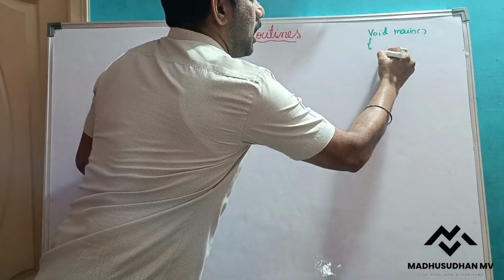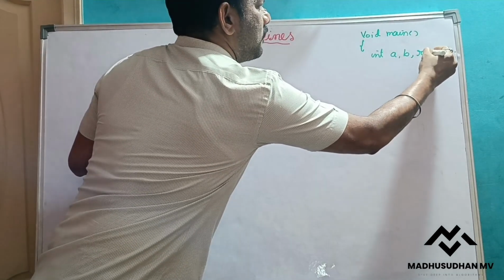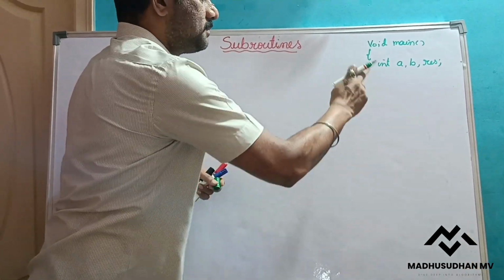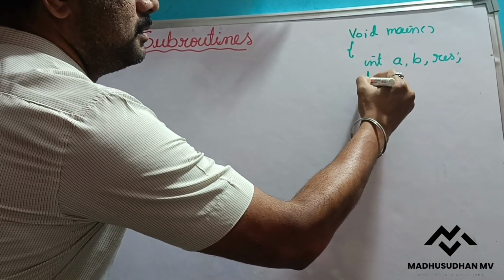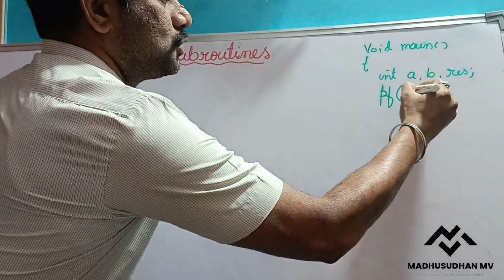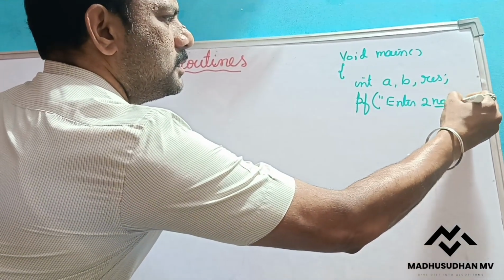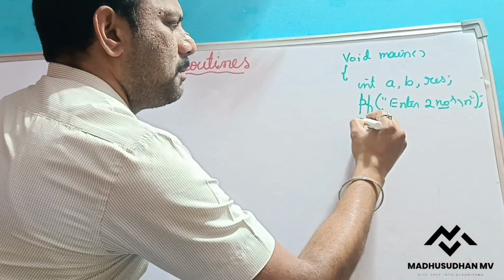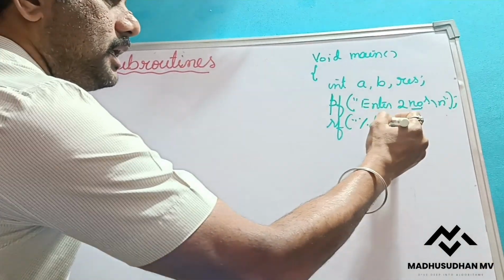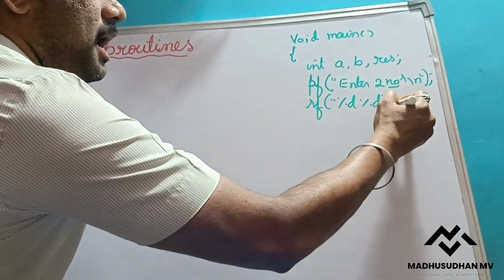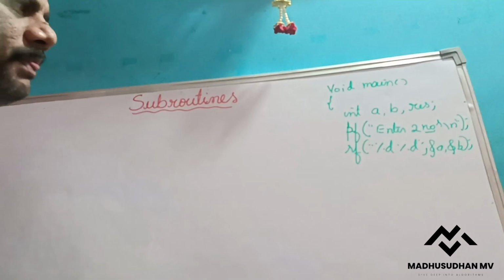I'm declaring two variables, int a, b, and one result variable, res. printf: enter two numbers. Then I'm reading with scanf, percentage d, ampersand of a, ampersand of b. I read the two values a and b.